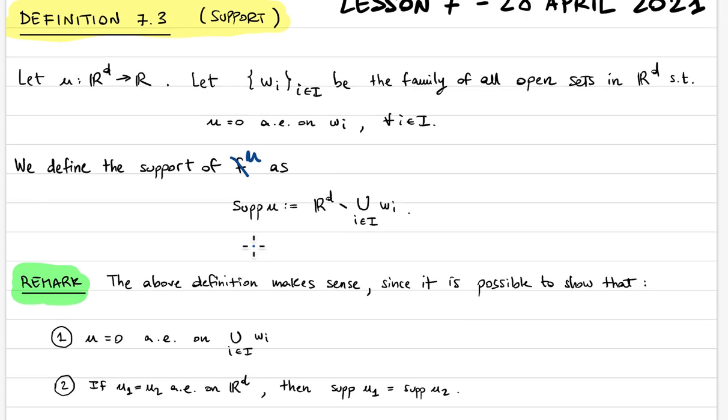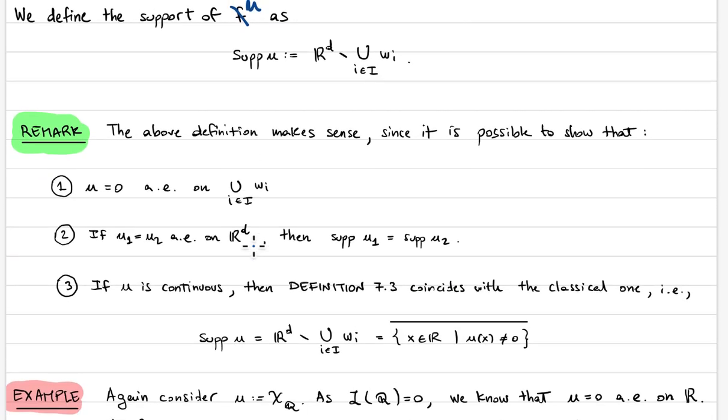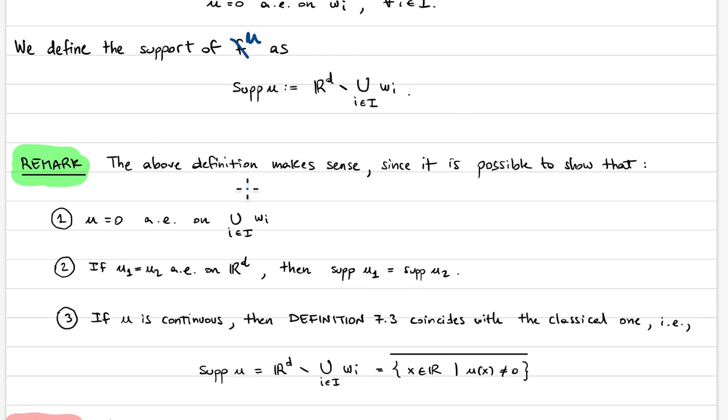So first remark, without proof. The above definition makes sense, since it is possible to show the following facts. Fact number 1 is that U is equal to 0 almost everywhere on this union, as I was mentioning before. So it is possible to show this.